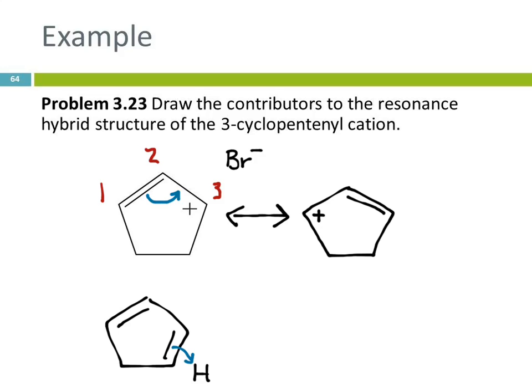Electrons coming out to form a bond with it. And that would result in this carbocation being formed, because there's a hydrogen here now. The hydrogen added to this carbon, leaving a carbocation there. But that carbocation, because it's an allylic carbocation, there's this double bond over here that can move around. It can be on either 1 or 3, and so we can end up with the bromine on this carbon or on that carbon.